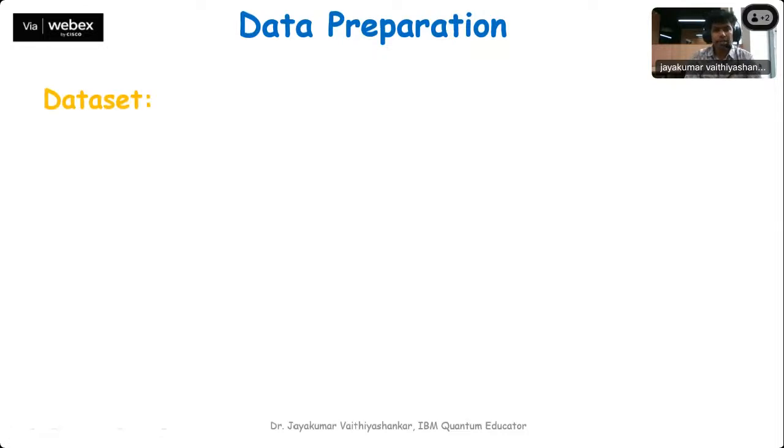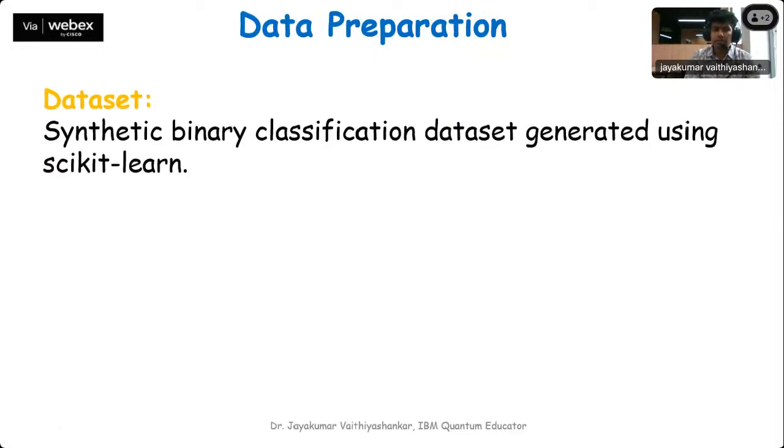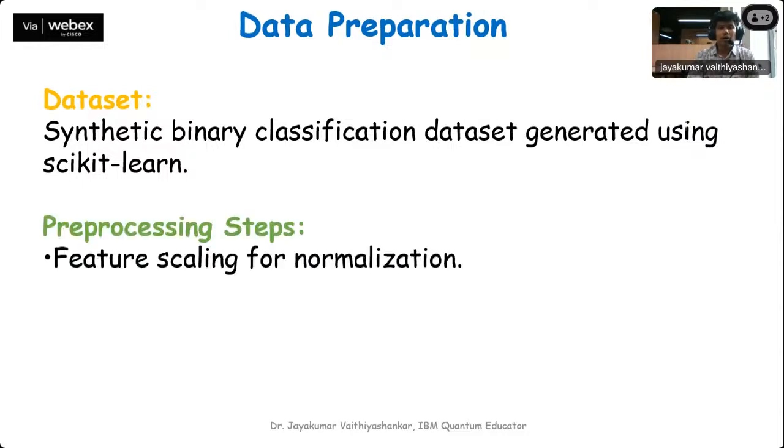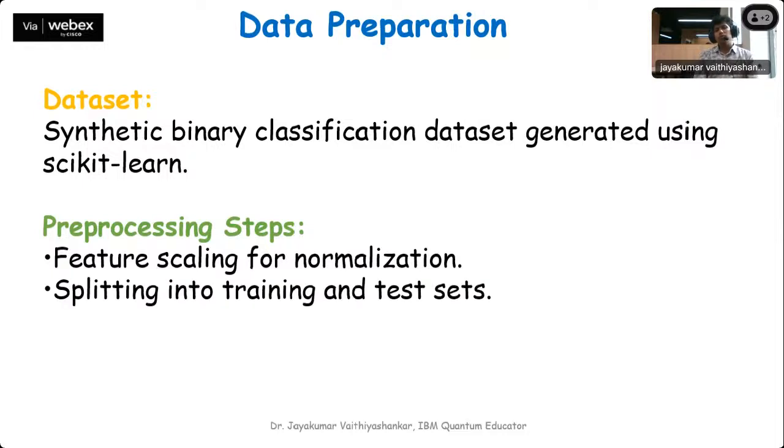The first step is data preparation. The data set is given. In this demo, I will provide the data set and the training set. Synthetically, we need to do binary classification with the help of scikit-learn. What is the pre-processing? We need to do feature scaling for normalization purposes. Then we split the data into training set and test set.